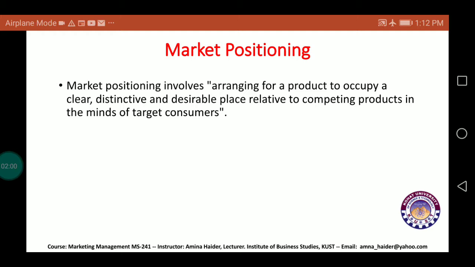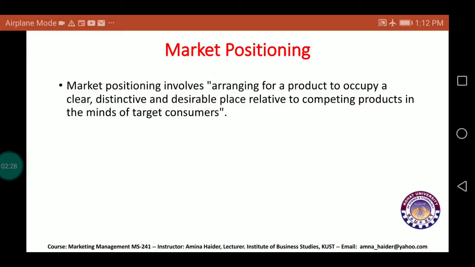A coffee company may position itself as source of premium, upscale coffee beverages. Then a retailer might position itself as a place to buy household necessities at low price. A computer company may position itself as offering innovative, user-friendly technology products.